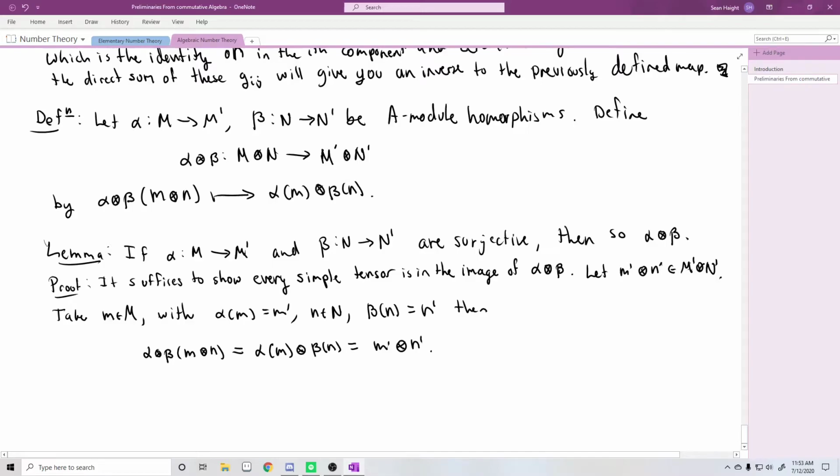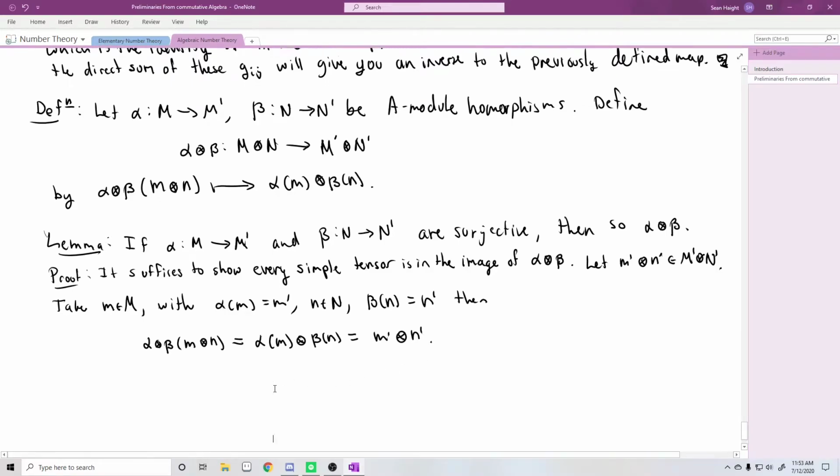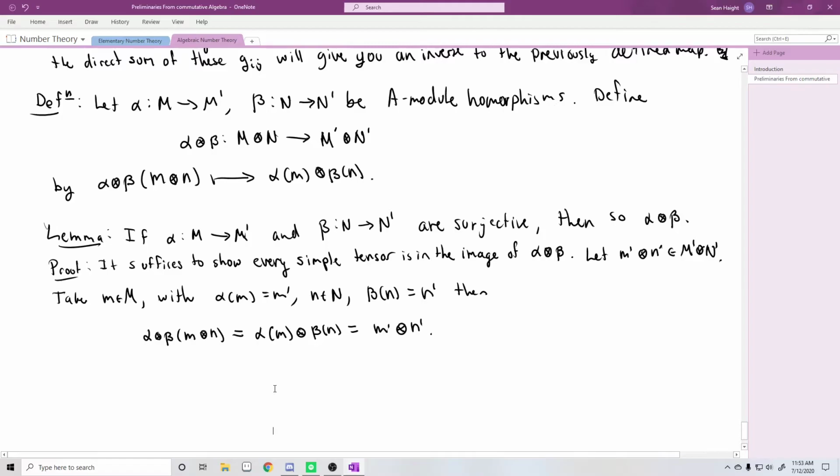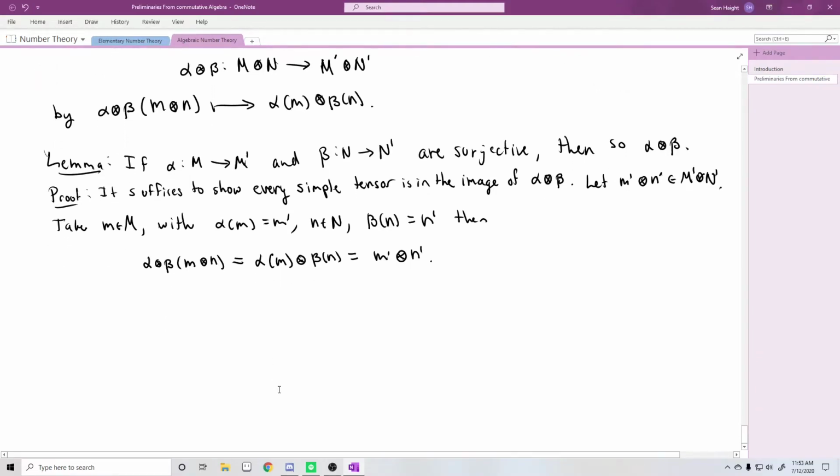But to check if a map is injective, it's not quite enough to just check that the image of every simple tensor is non-zero. You have to check that the image of any non-zero sum of simple tensors is still non-zero. It can happen that the image of every simple tensor is non-zero, but there's some more complicated tensor that isn't zero in your domain, but becomes zero after you apply the function. Okay, so there's a warning there.